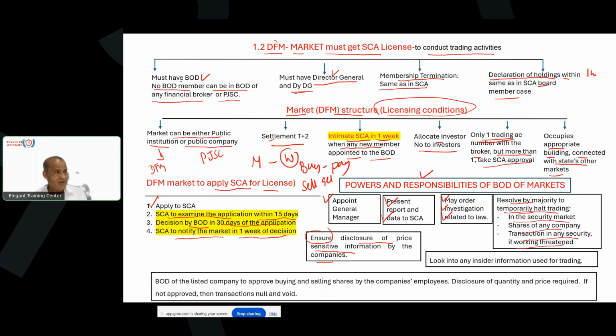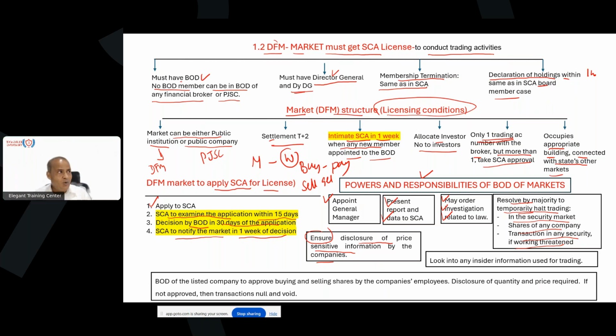Clear? And if you are an employee of MR, before the news is made public, before the information goes to the public, you are buying some stock, selling some stock for your benefit based on that information which has not gone to the public, that is called insider trading, right?